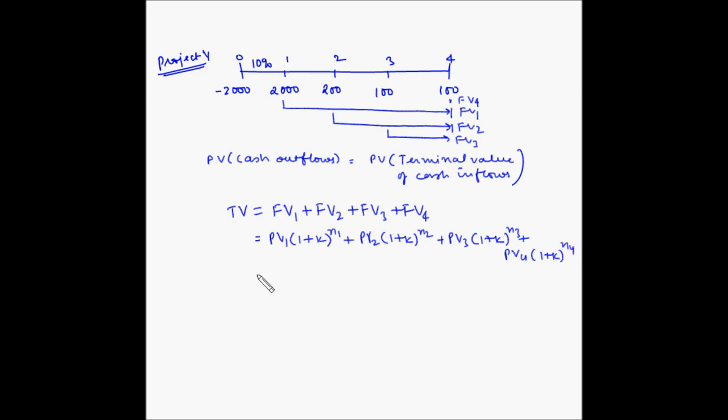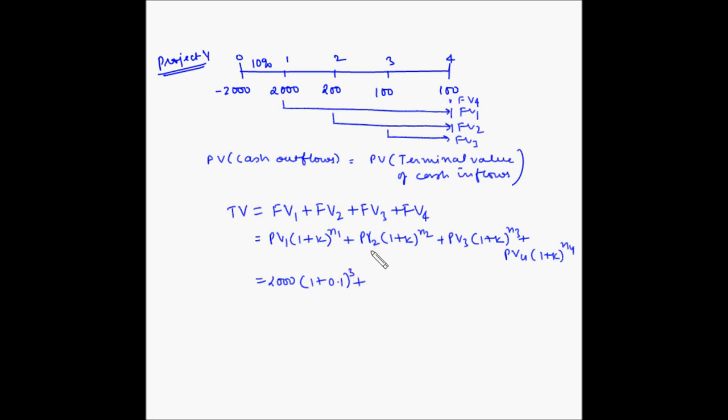Now let's plug in the values. So PV1 is 2000. So 2000 into 1 plus k, which is 10%. However, while using it in the formula, we have 10 divided by 100, so 0.1. Now N1 is the number of compounding periods. So for 2000, we'll have the number of compounding periods as 1, 2, and 3.